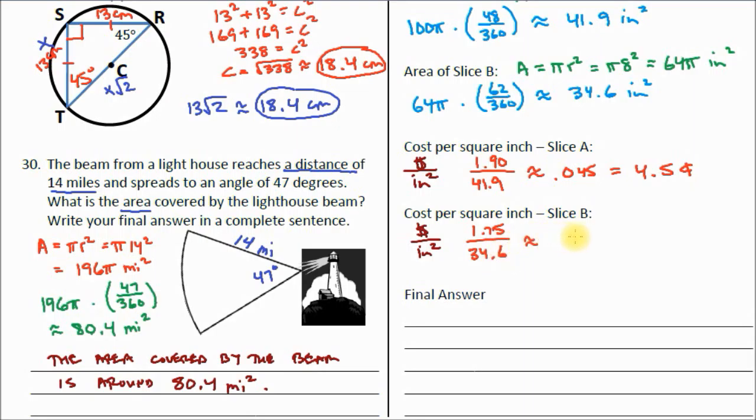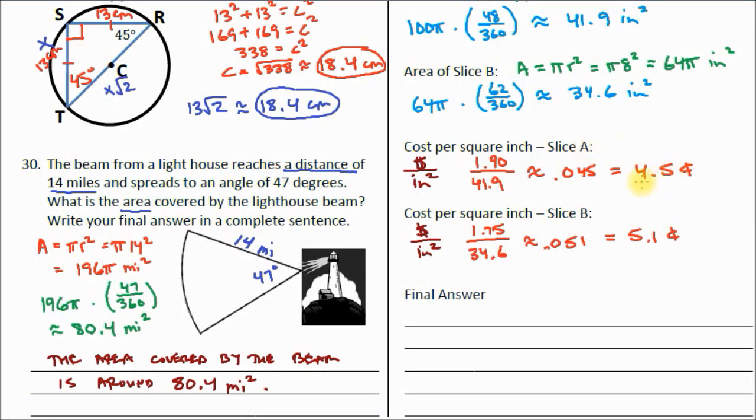Put that in our calculator, we will get approximately 0.051. Multiply that by 100 to change it to cents, and we're going to get 5.1 cents.